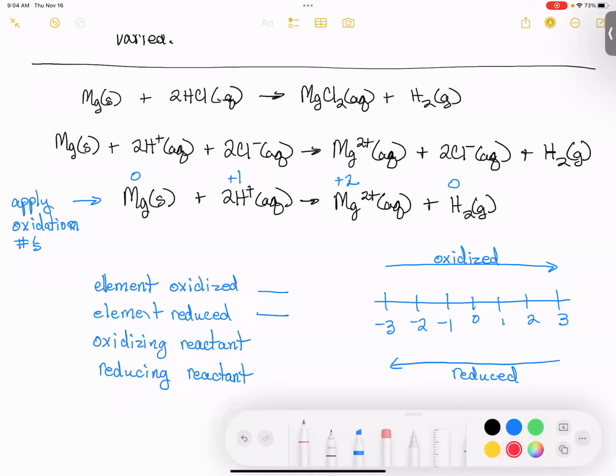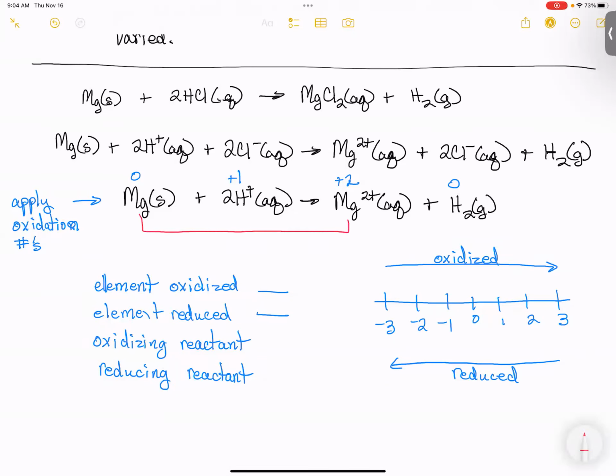Now what we're going to do is we're going to connect our elements. Magnesium goes from a 0 to a +2. So because it's moving in a more positive direction, magnesium is being oxidized.